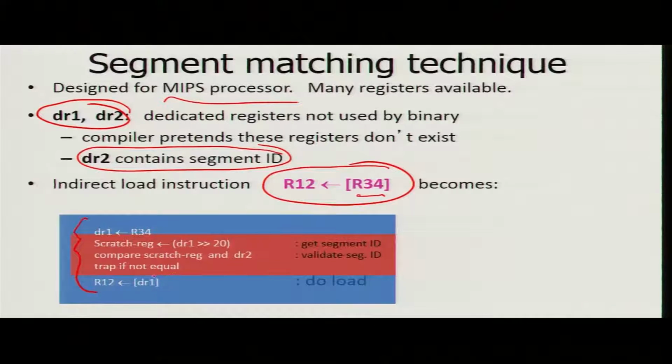If they do not match, then you trap out of this code and do some exception handling; otherwise you know that you are safe because the address that you are loading from is okay. So that means you are adding some overhead in terms of guard code.